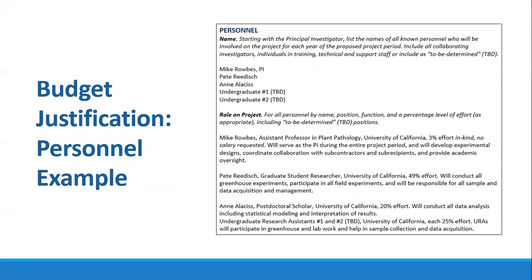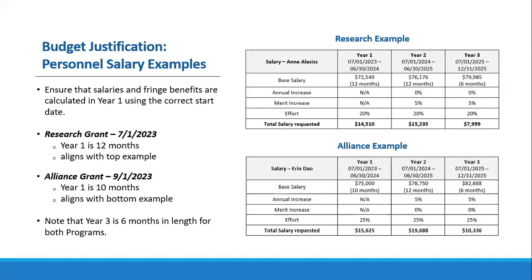So for example, the PI for this, which also is Mike Robes, would not need to fill out a salary table for that employee because the effort is in kind and no salary is requested. For the two employees under that, Pete Reedish and Ann Alicis, they are included in the salary tables because they are being paid using grant funds. Does that clear it up? Yes, thank you. Great.